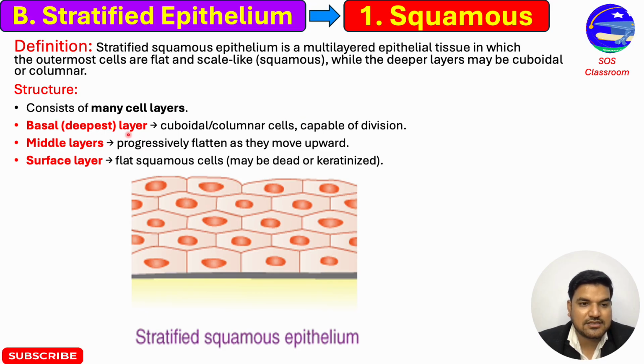The basal layer, the deepest layer, is formed by cuboidal or columnar cells capable of cell division. The middle layers progressively flatten as they move upward, and the surface layer is flat squamous cells that may be dead or keratinized. So these are the different layers formed in stratified squamous tissue.